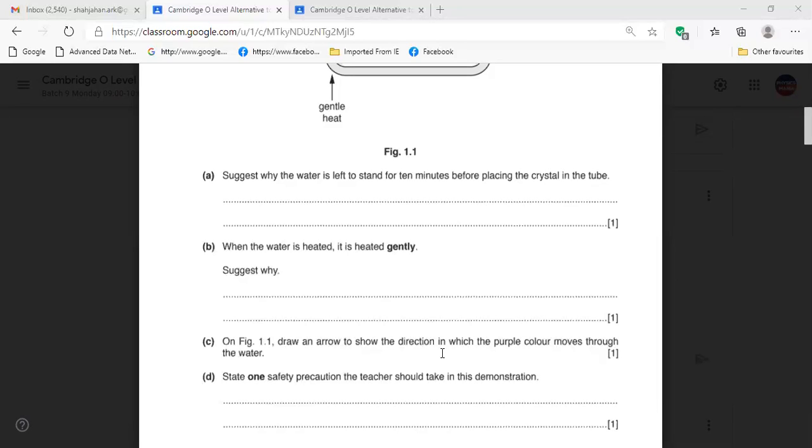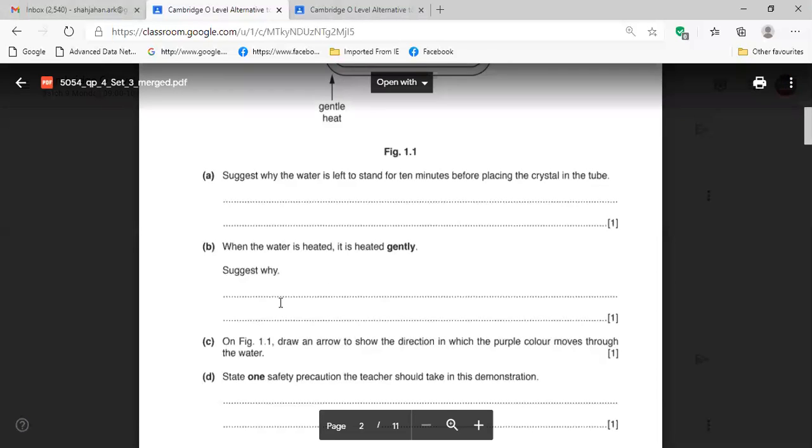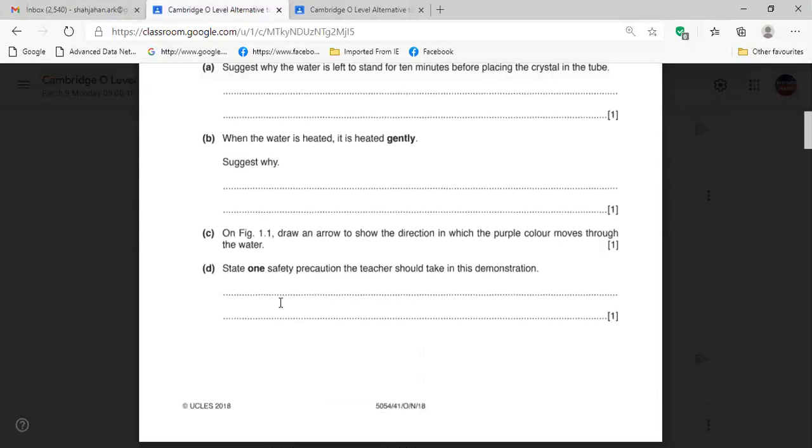To observe the convection process clearly. Clearly, very good. Then Abir? I wrote so that we can observe the convection process and the color spreading. Okay, color spreading, excellent. So all are accepted.